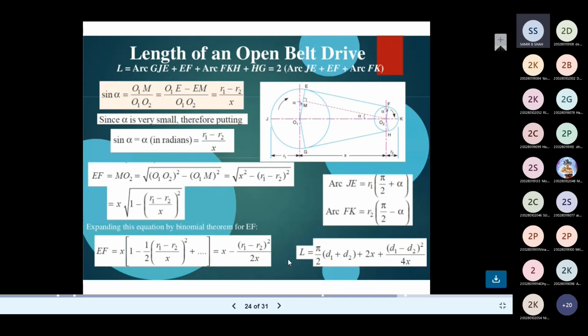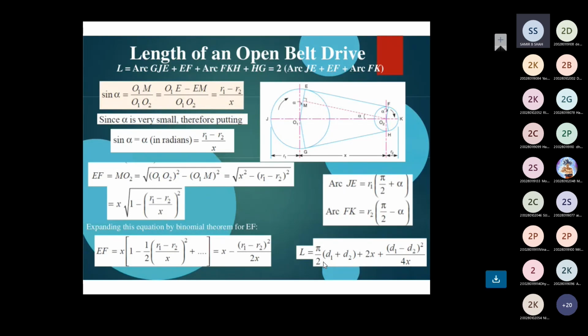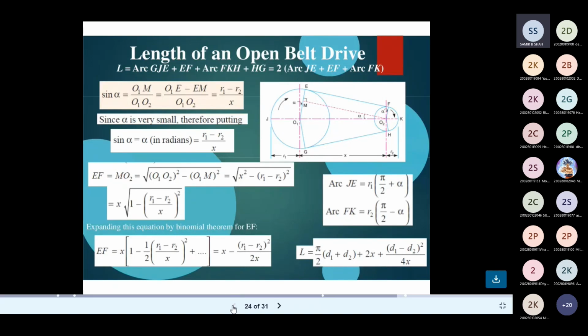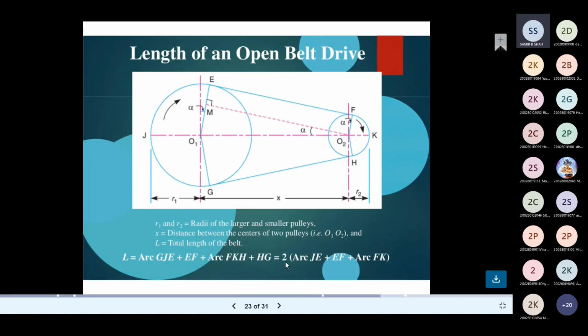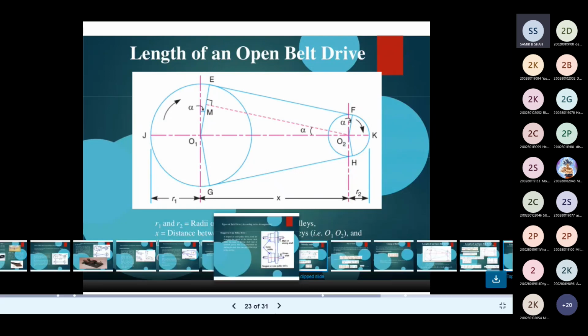Now we put all these values in the equation. And we already have the equation that L is twice of arc JE plus EF plus arc FK.